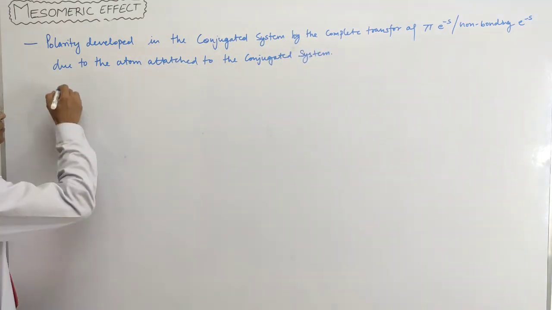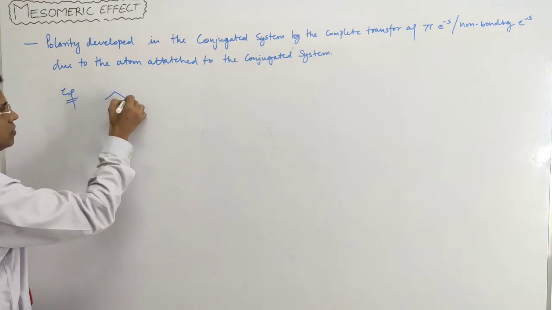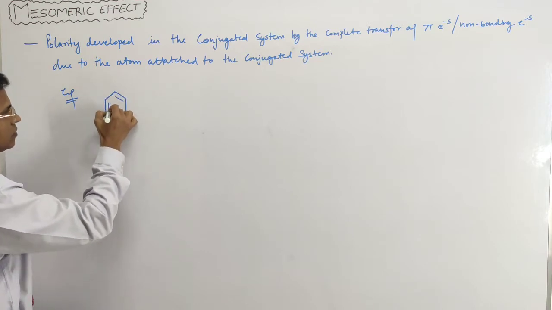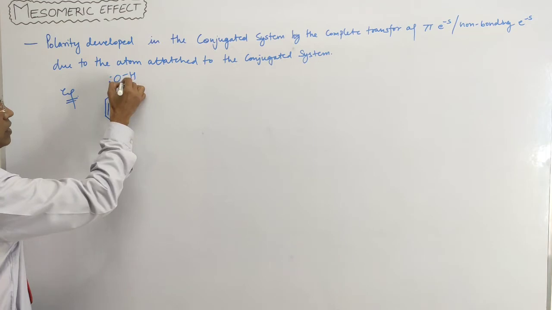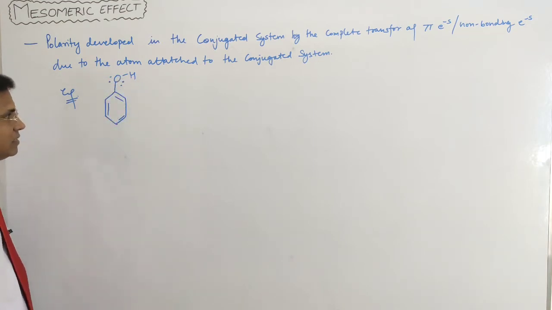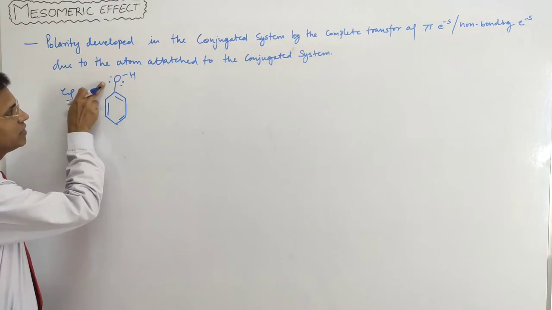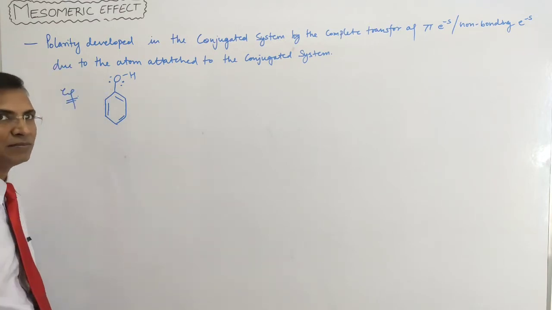For example, here is phenol, and in this is the conjugated system, benzene ring. Here is sigma bond and lone pair of electron present on the oxygen atom.